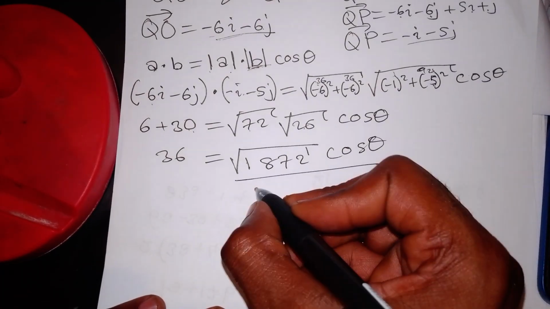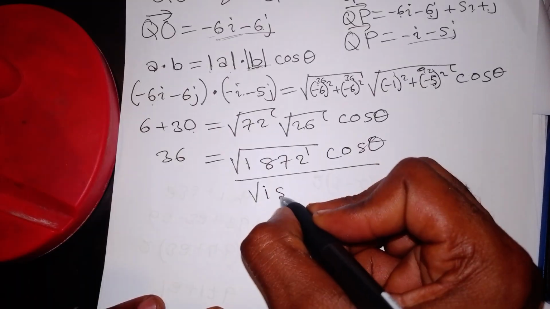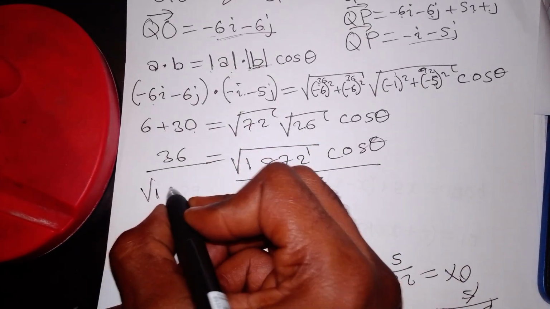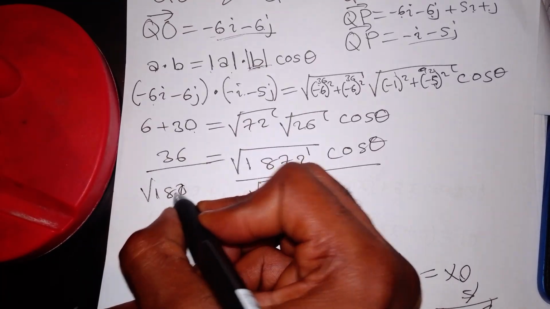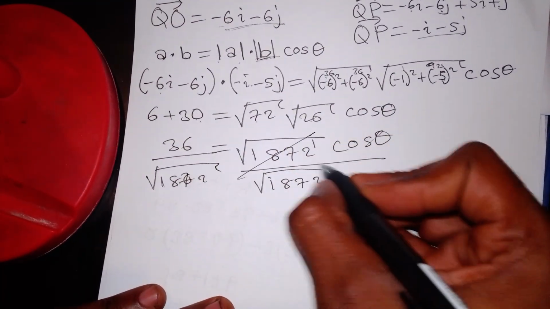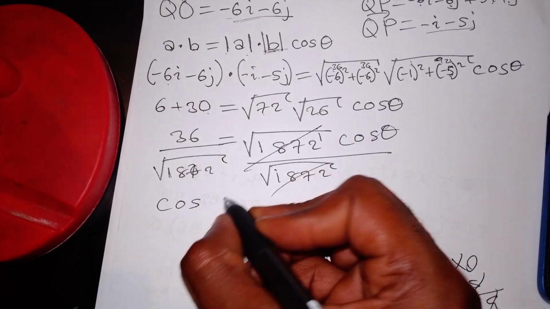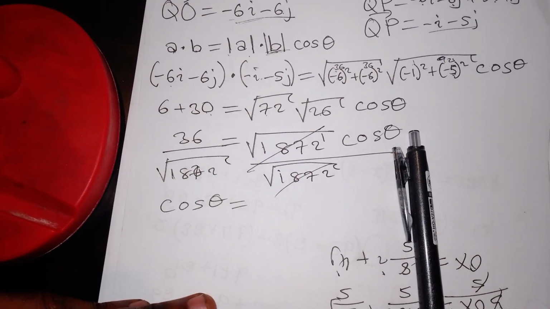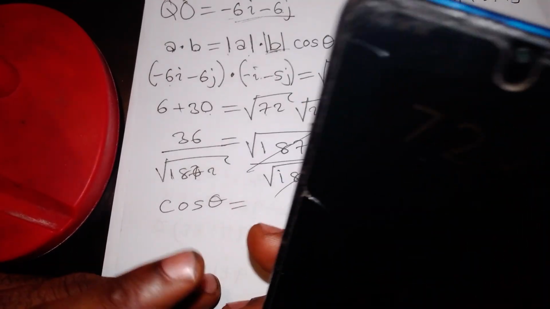Then you can just divide both sides by the square root of this, so that your cos theta is 36 divided by the square root of that.